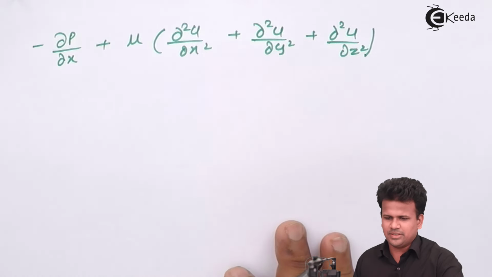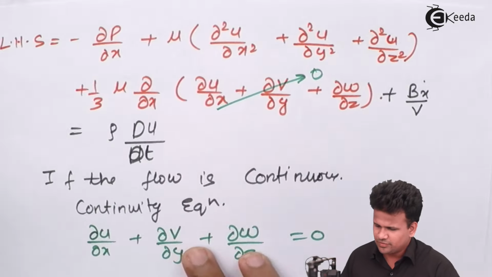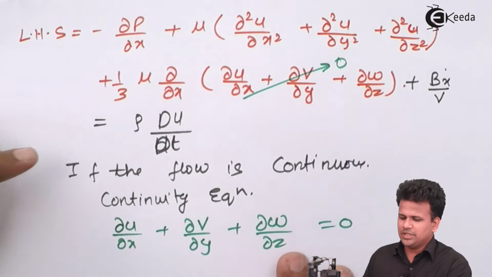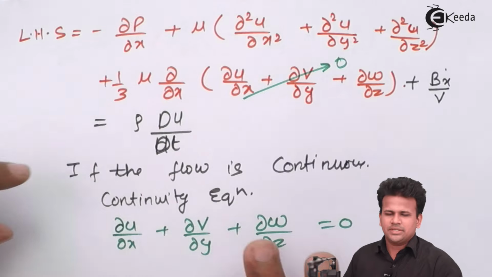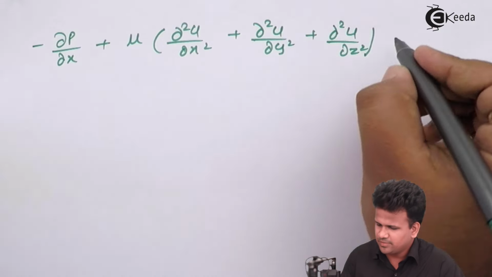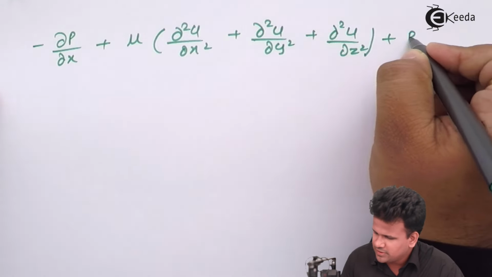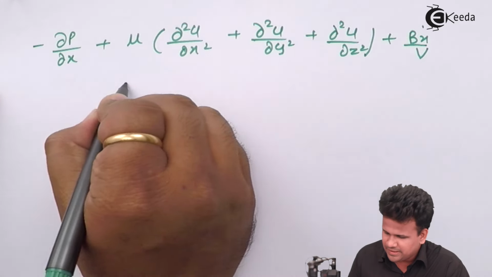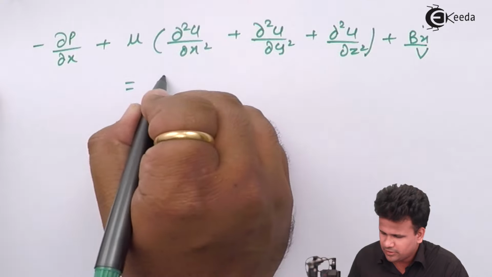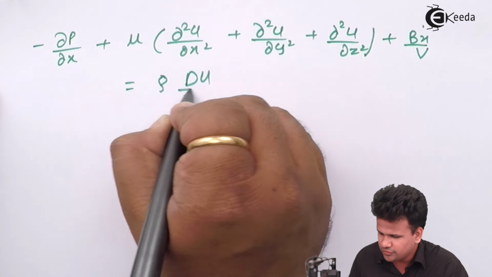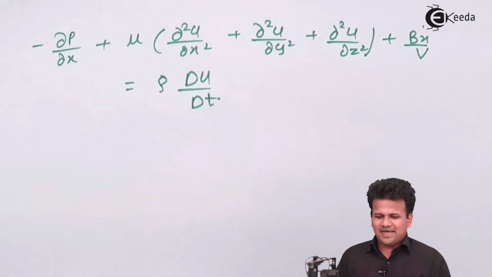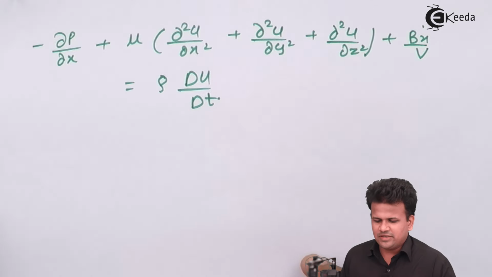Only these terms will remain plus the body force. See over here, this part will be 0. So plus the body force per unit mass per unit volume will be equals to over here rho into du by dt. Now this we have seen, the solution of Navier Stoke equation along x direction.